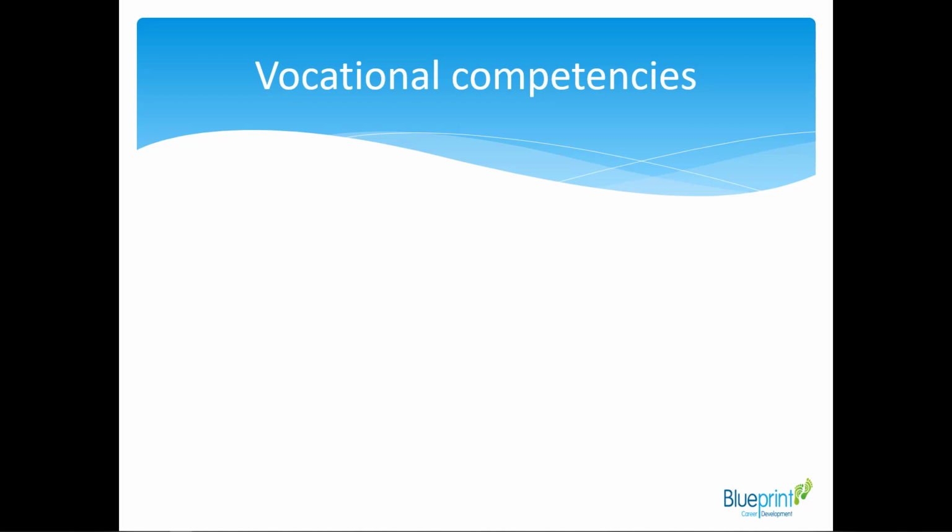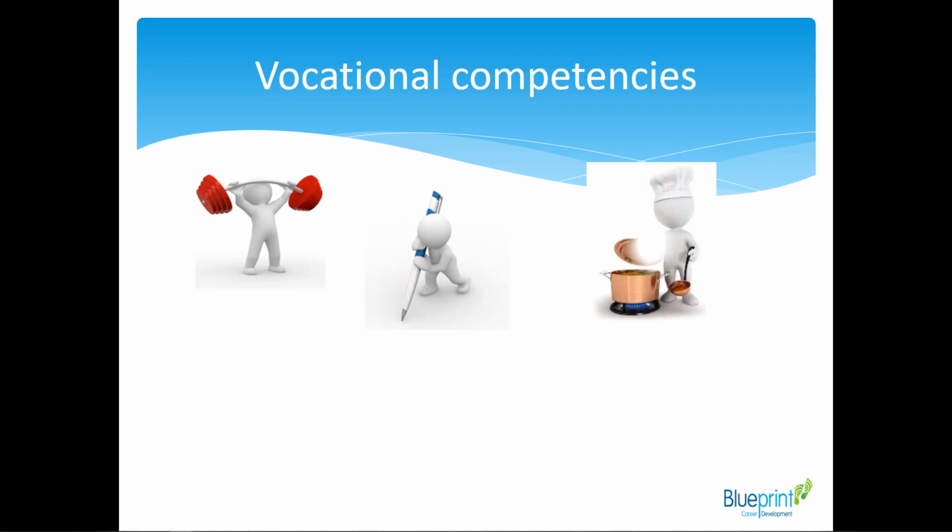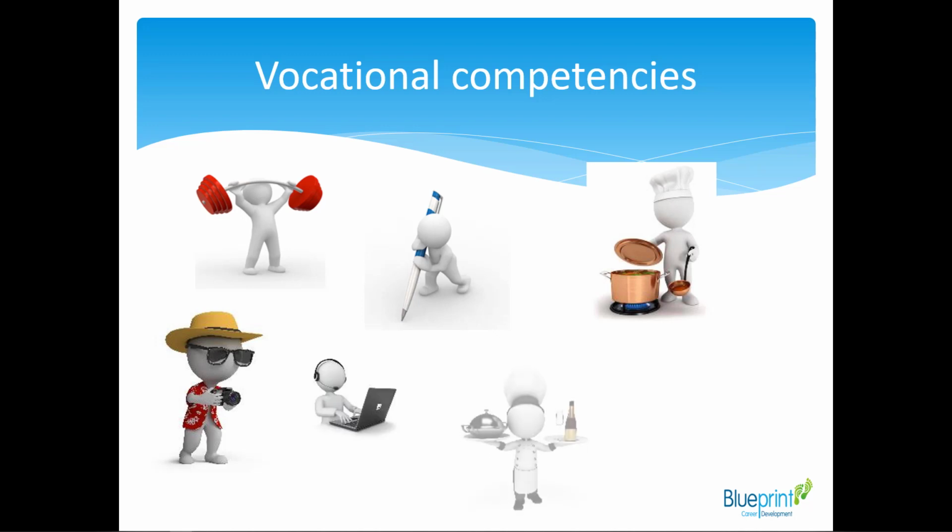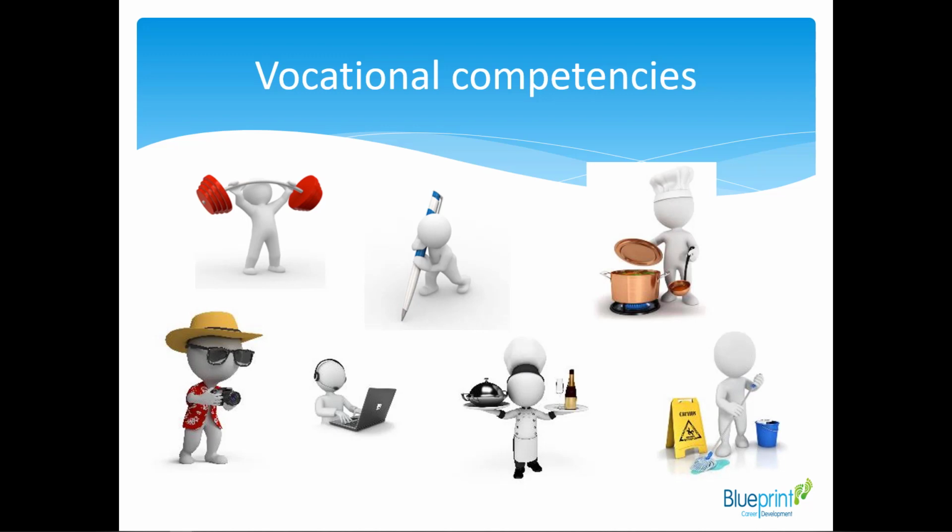On top of this, you must also have vocational competencies, at least to the level that you will be delivering and assessing. Your vocational competencies may be in a variety of industries, including hospitality, retail, fitness, business, the call centre industry, IT, health, or even cleaning.